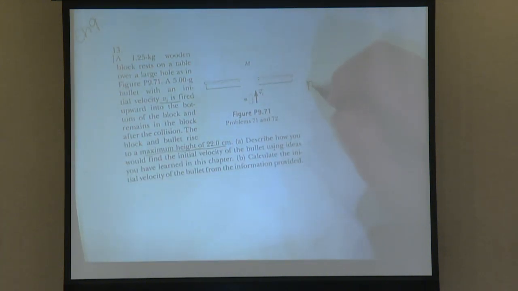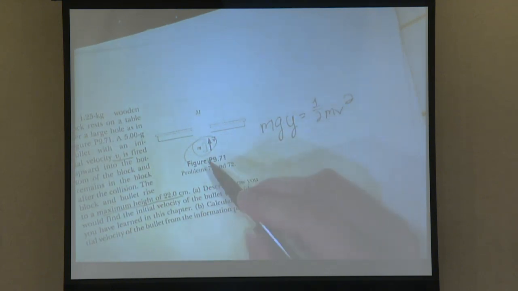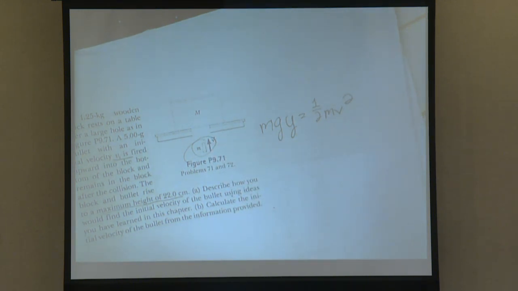It's only moving in the y direction, so mgy is equal to 1/2 mv squared. You can cancel out m on both sides. This is for the bullet. Because the bullet starts with a velocity, we don't know what its final velocity is going to be.